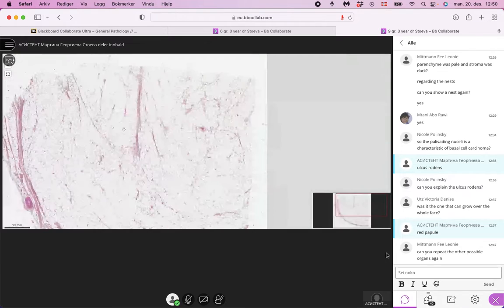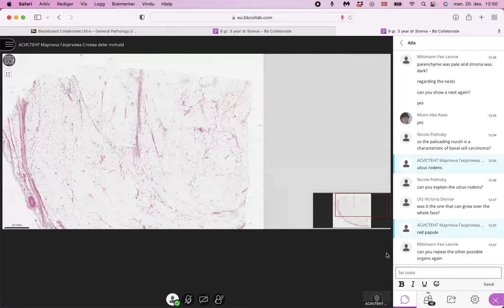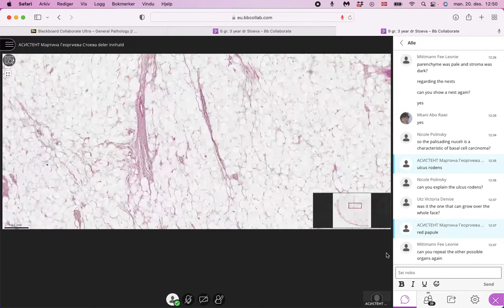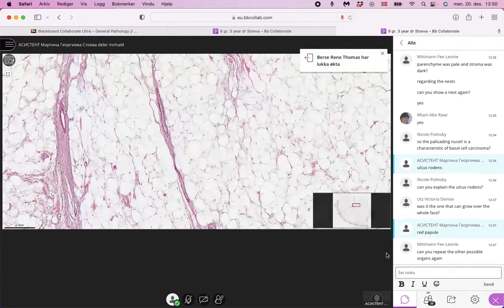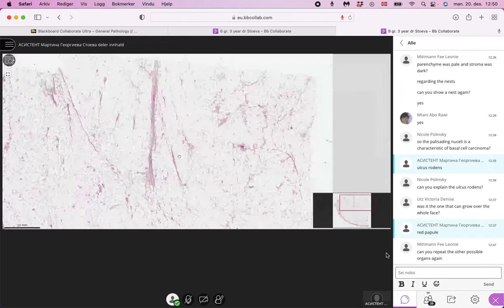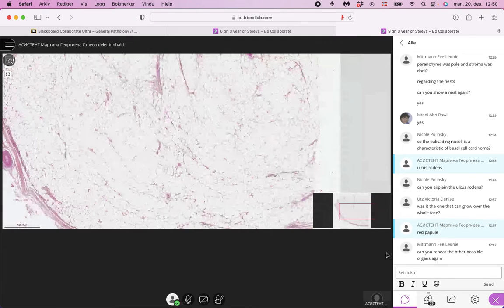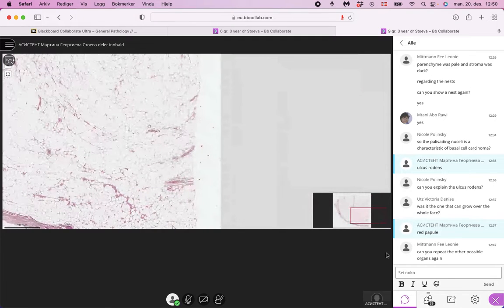And within the tumor, there is lobular architecture. So there are lobules that are separated by fibrovascular stroma. These lines are the fibrovascular stroma. Here again. And here too.